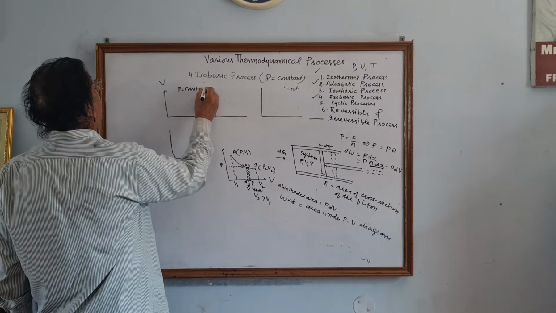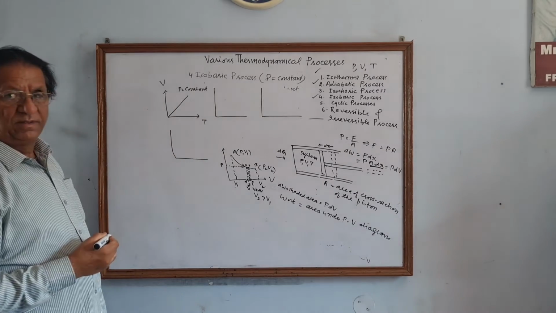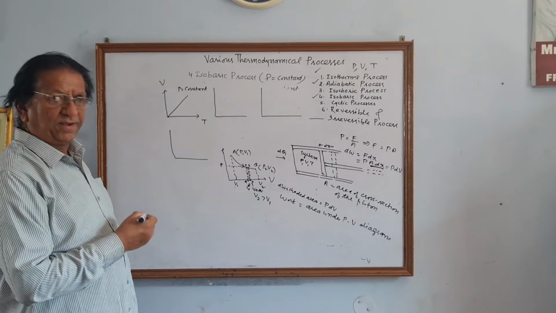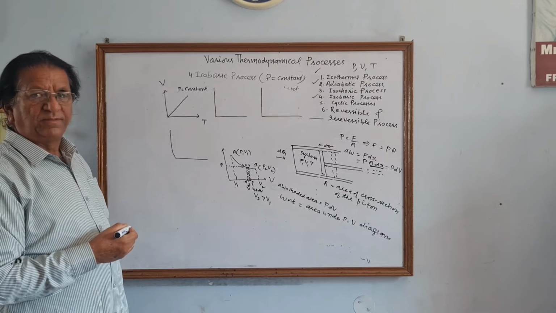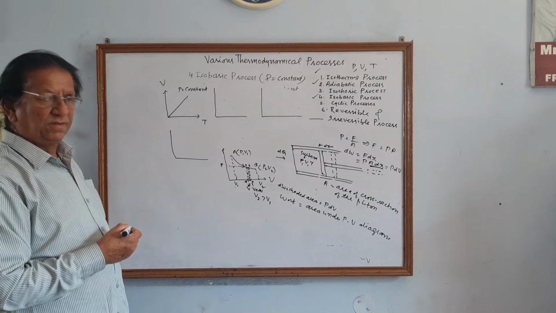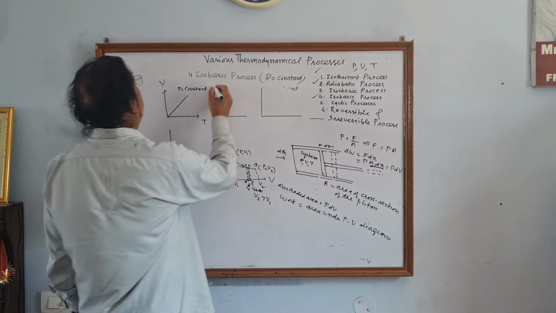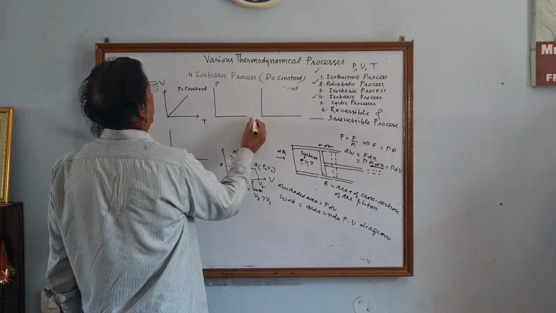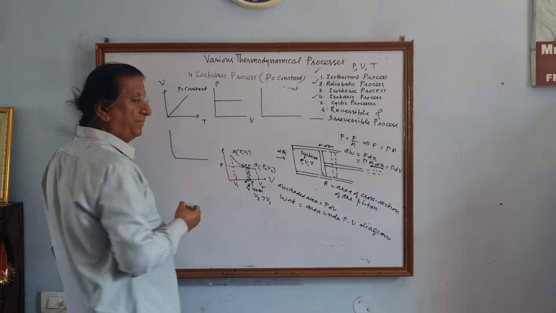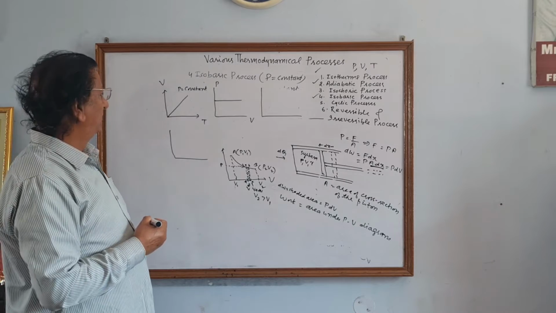The other parameters will be V and T, and V will be directly proportional to T. Then the graph will be a straight line inclined to the temperature axis, passing through the origin. Clear? Then if you take the PV diagram, as pressure is constant, the graph will be parallel to the volume axis.